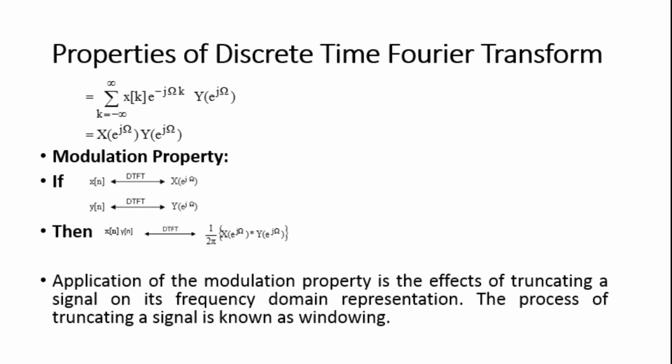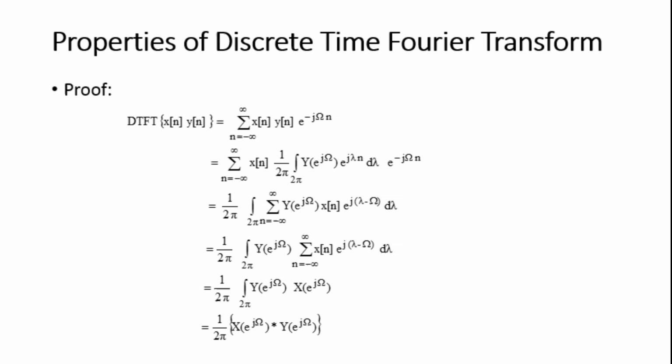An application of the modulation property is the effect of truncating a signal on its frequency domain representation. The process of truncating a signal is known as windowing. Let us prove this.